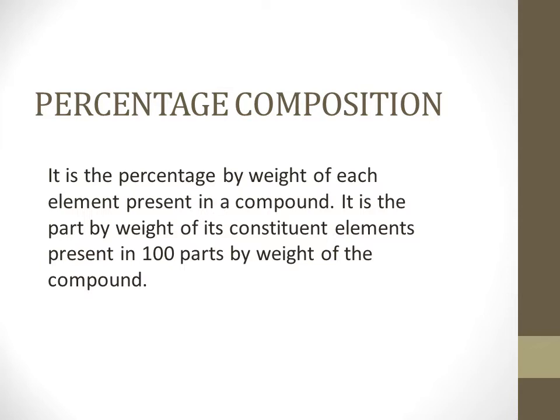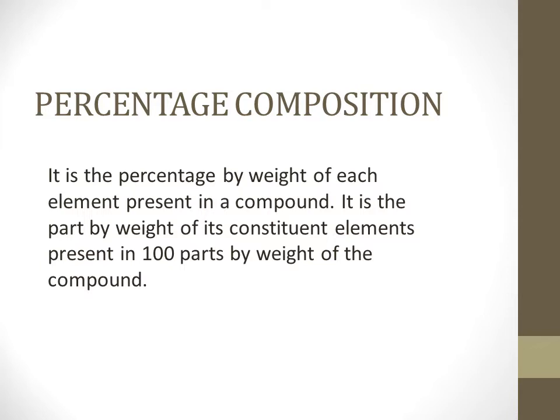So if we want to find out the percentage composition of water, we have to find out the percentage of hydrogen present in water and also the percentage of oxygen in water.